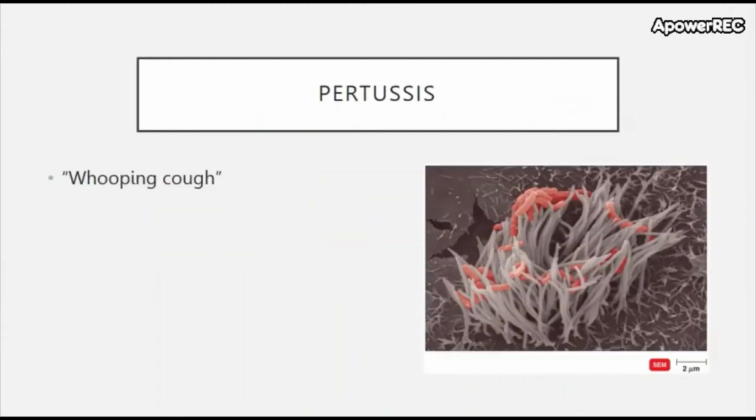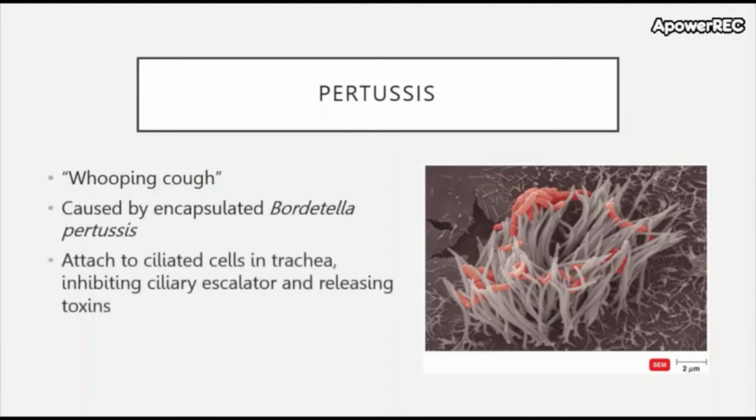Okay, pertussis. Pertussis is also known as whooping cough. It's caused by encapsulated Bordetella pertussis. They attach to the ciliated cells in the trachea, inhibit the ciliary escalator, and release toxins.